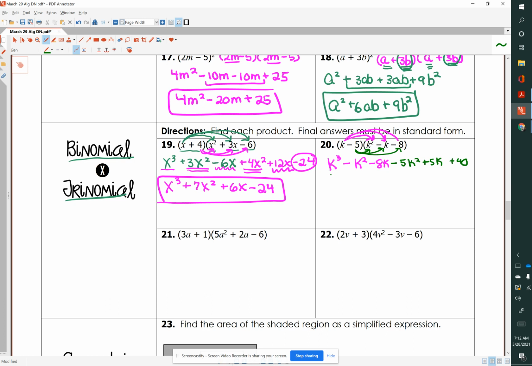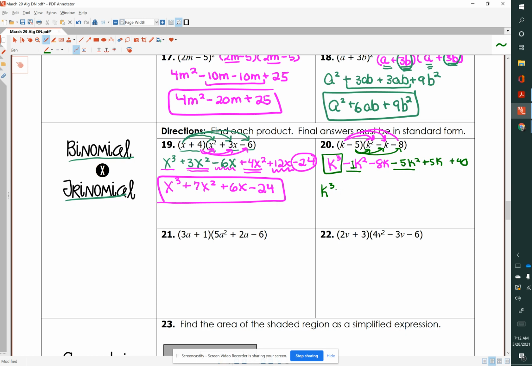So what can we combine? Well, first we have this k to the third. We definitely start out with that. Then we have negative k squared minus 5k squared. So that's an invisible 1 here.